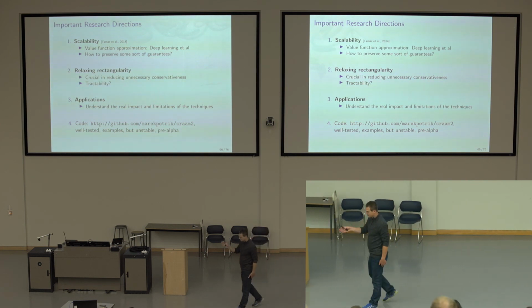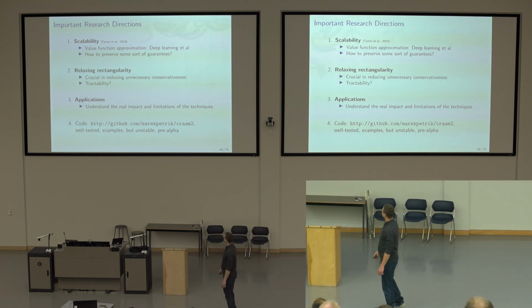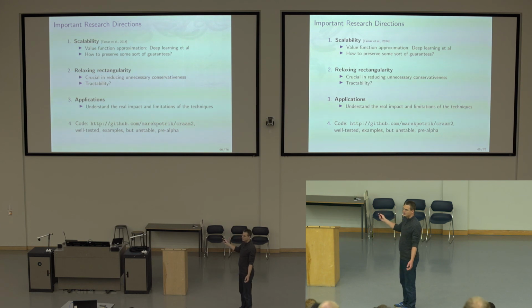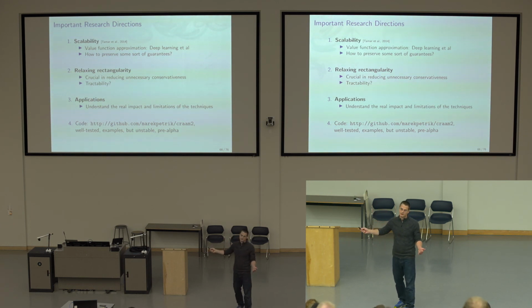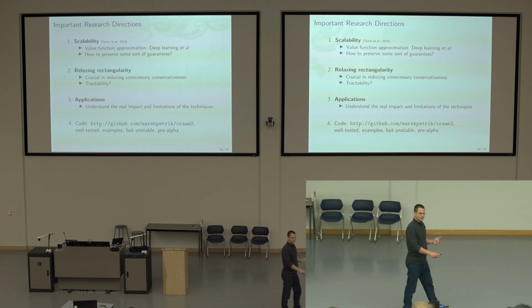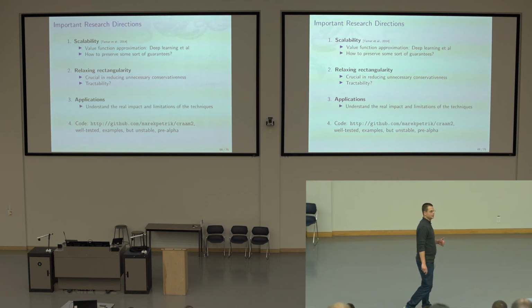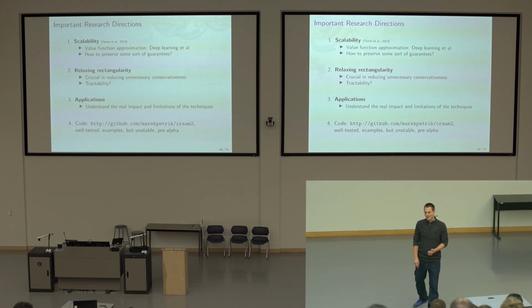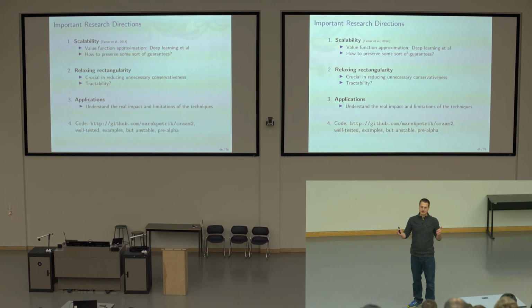And finally, to give you some future research directions, what I think is very important is first scalability. So I showed everything in a tabular case, which a lot of people may find not so interesting. Now, a lot of the ideas that I described here generalize to value function approximation.